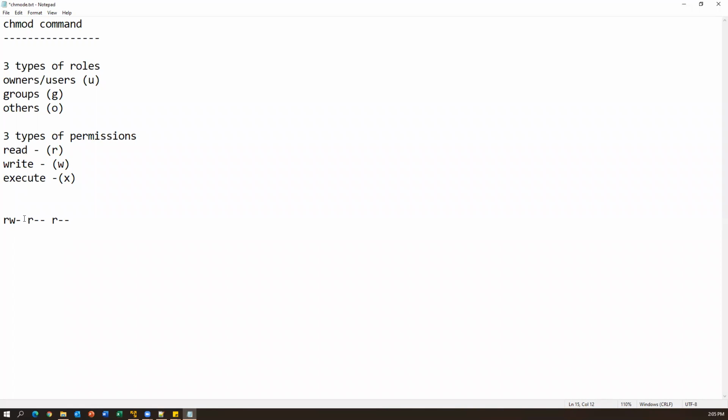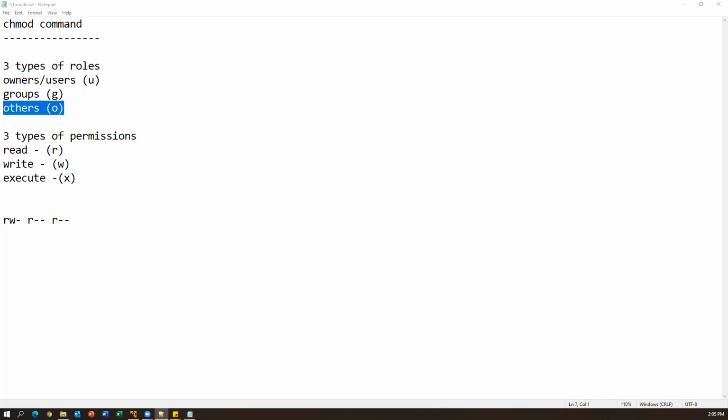These three represent owners, groups, and others. The first three represent the permissions of the owners or users, the second three represent the permissions of groups, and the third three represent the permissions of others. Let me repeat once again.